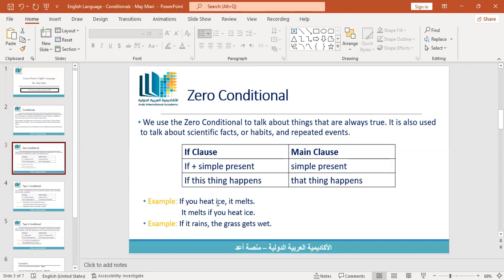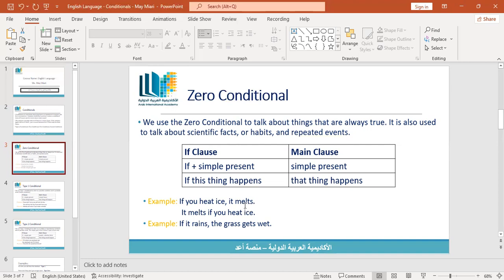The verb in the if clause, if you heat ice, is heat. So heat is the verb in the if clause. It is in the simple present tense. We did not add s or es to the verb since we have the subject you. For the main clause, which is it melts, we also used the simple present.